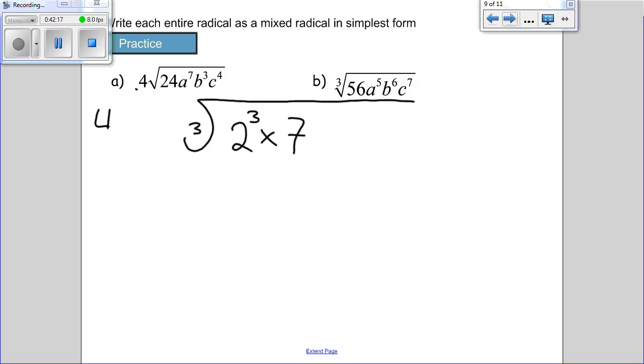It's going to be smaller numbers. So you can figure out 56 is equal to a lot of things times each other, right? You can figure out it's 2 times 28. Or you can figure out it's 3 times, 3 doesn't work. You can figure out 4 times something. 4 times 14, right?